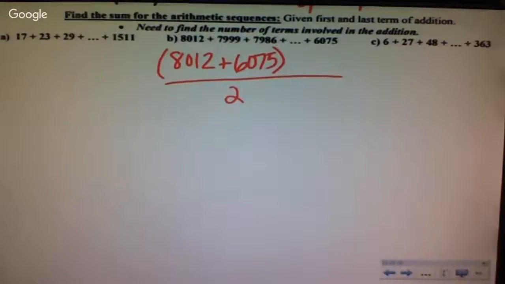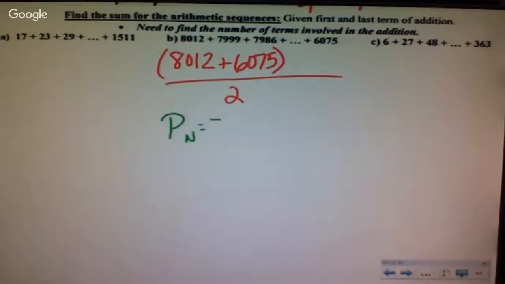Okay. So I know my first, I know my last, but I need to figure out what position this last number is in. So P sub n equals... What does it go up by? Is it going up? No, it goes down, which means it should be negative something, right? So negative what?